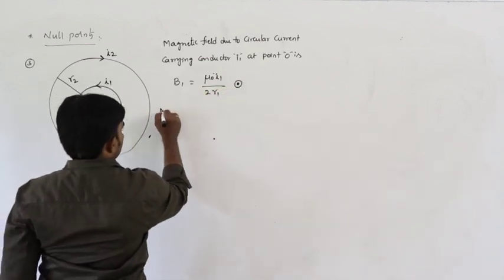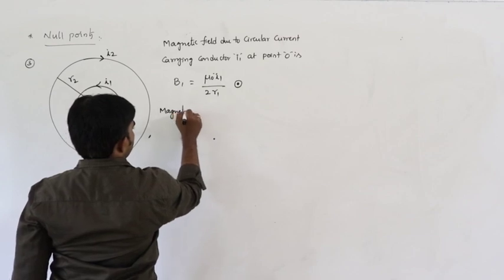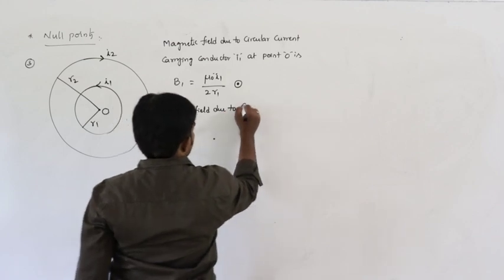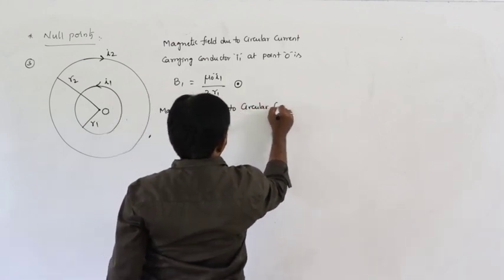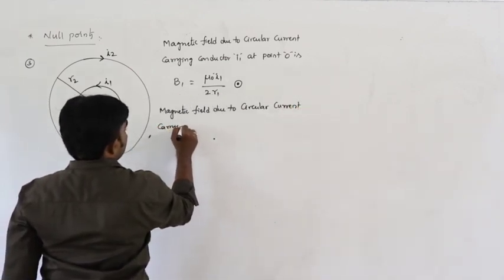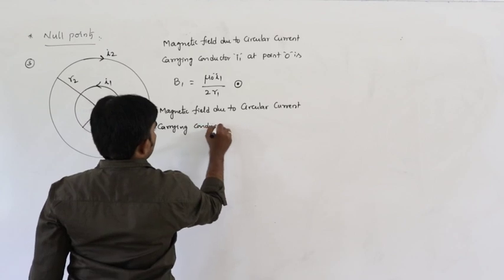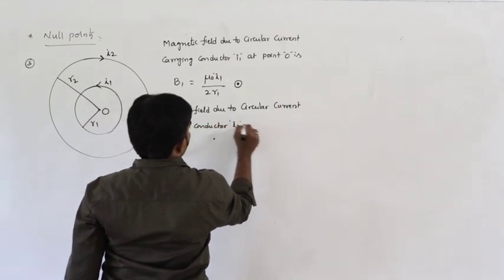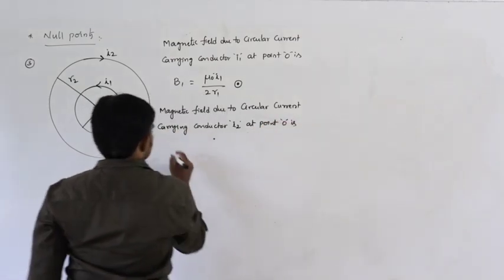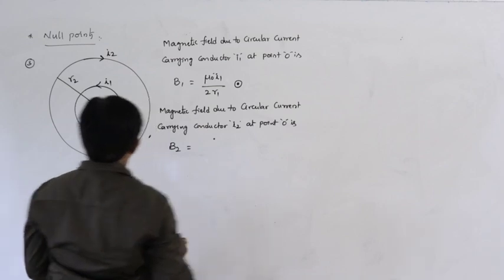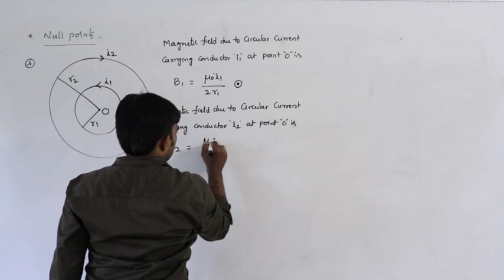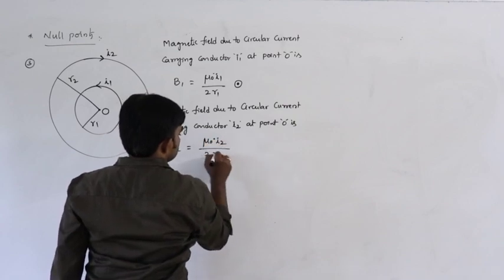Next, in the same situation, the magnetic field due to the circular current carrying conductor I2 at point O is B2. What is the direction? This is inwards. B2 is equal to mu naught I2 by 2R2.